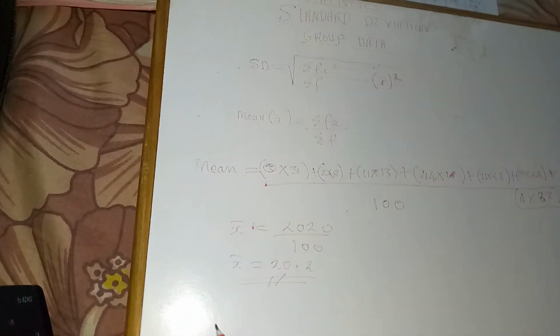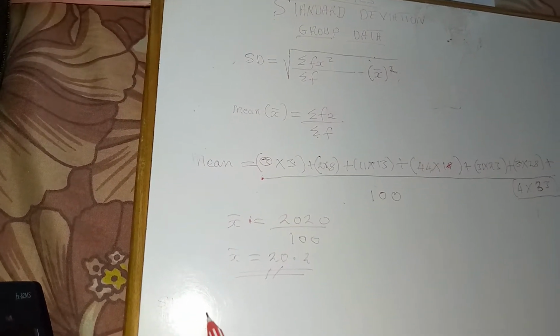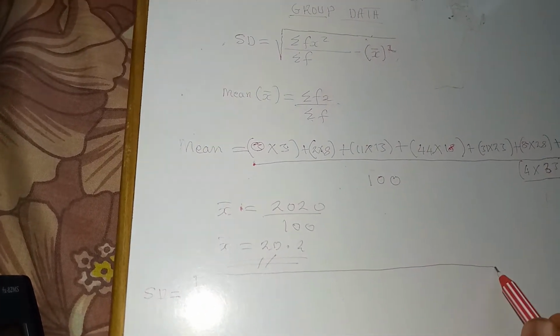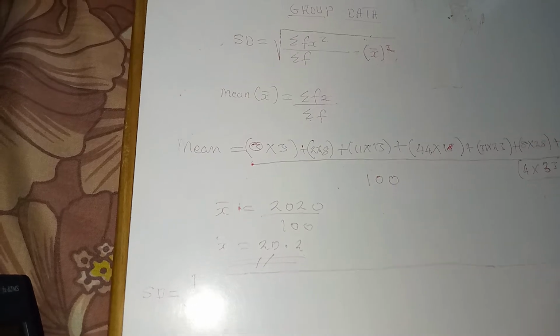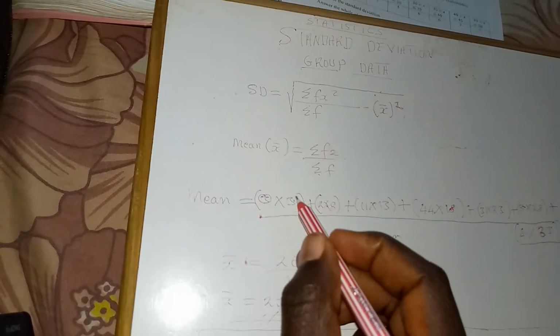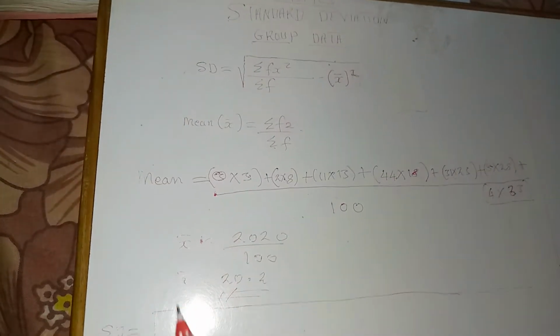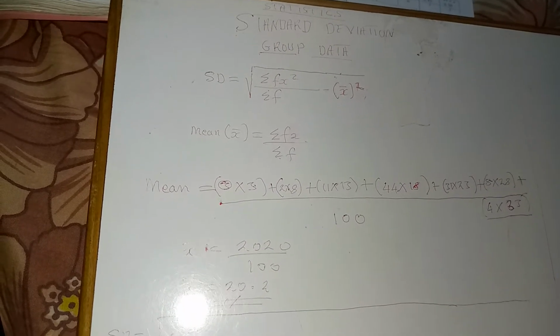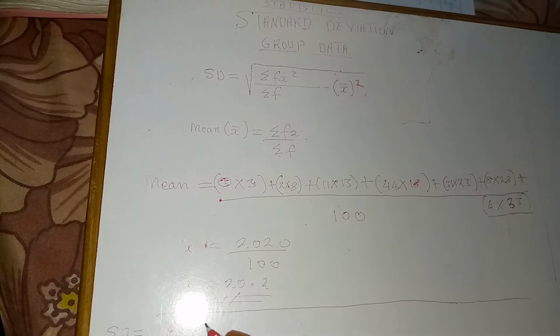So just put everything in the formula by saying standard deviation in the formula there. You include the square root, put the square root there. Then you start replacing, squaring the midpoints. So this will be 0 times 3 squared.